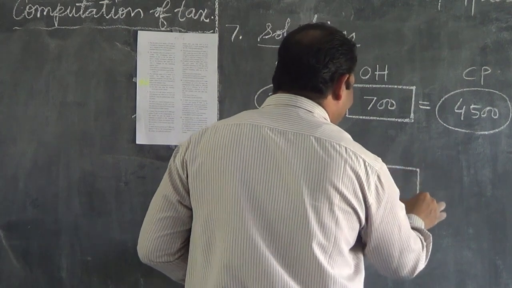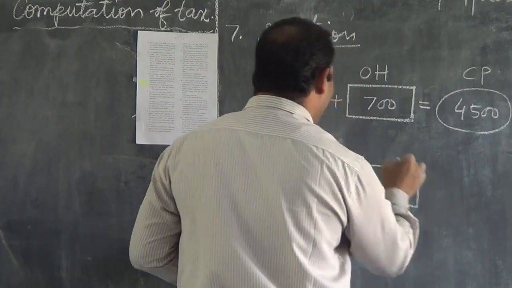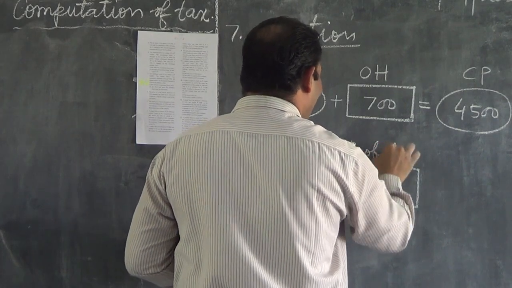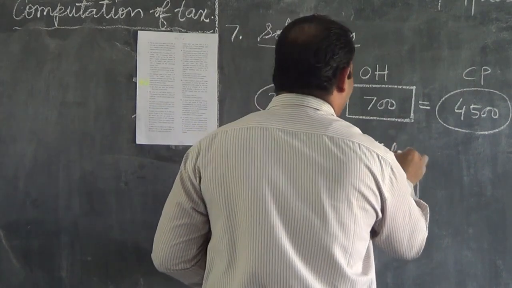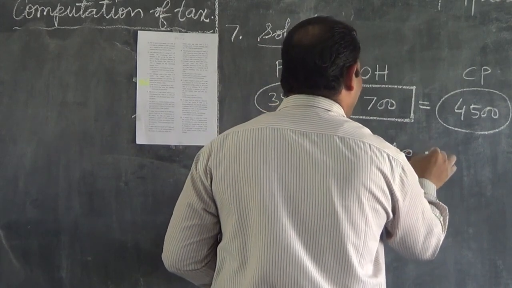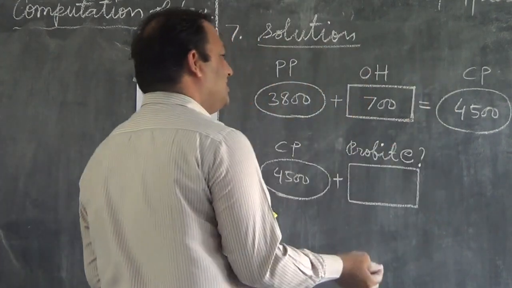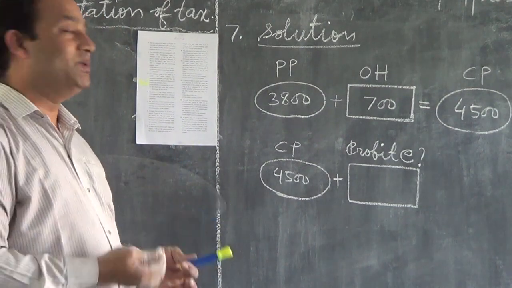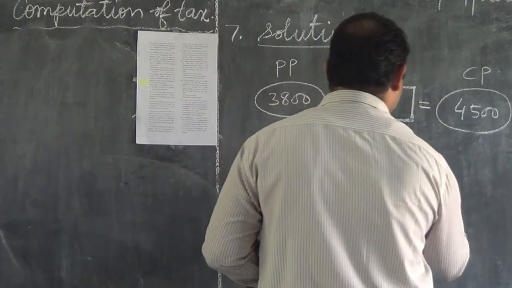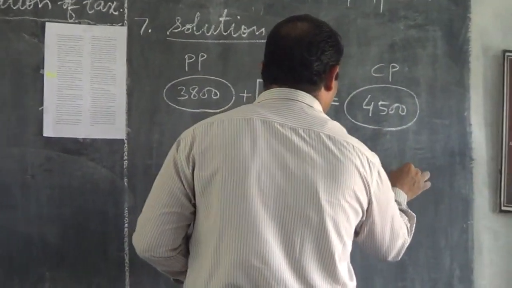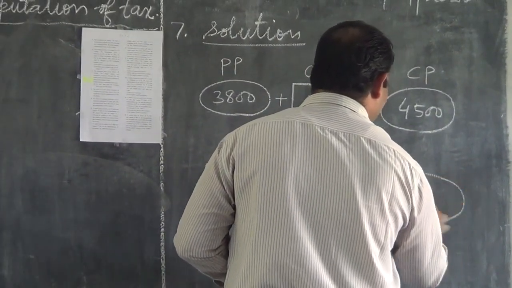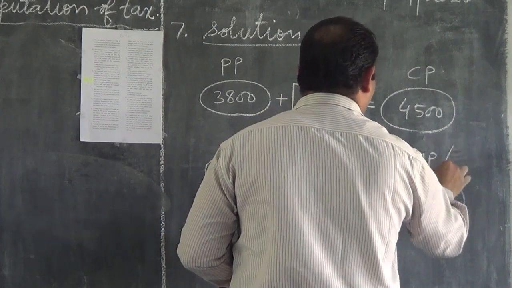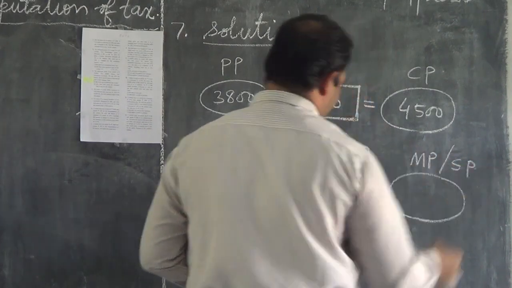He has to add the profit. And profit at what percent? That is not given, we have to calculate that. And when you add these two, this will give us the mark price or selling price.